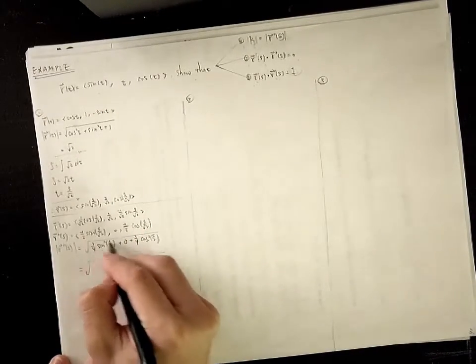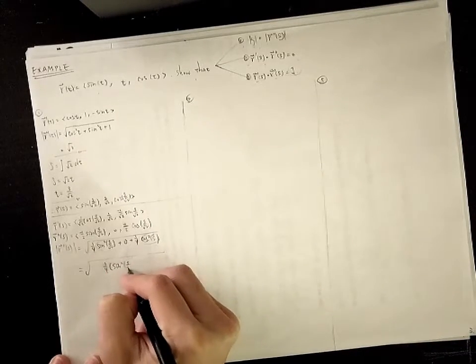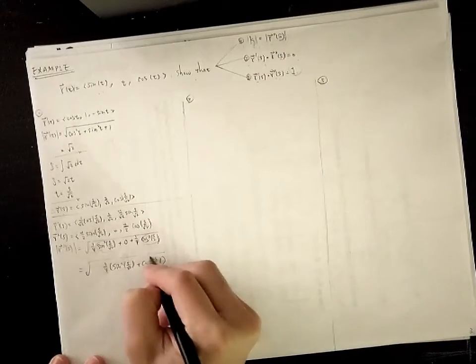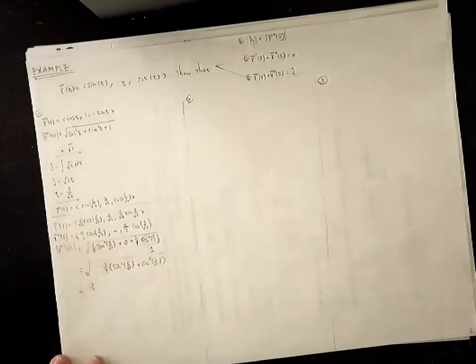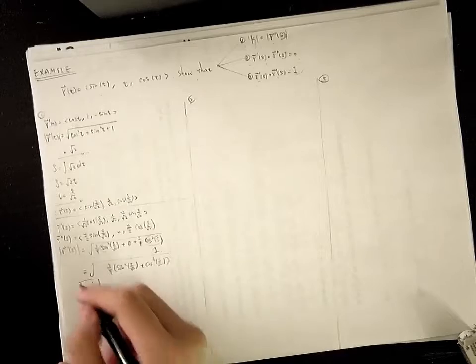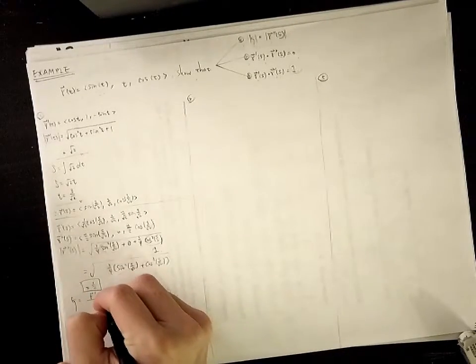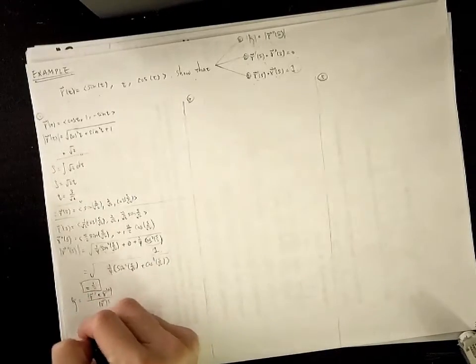So we can take it out, put it into this, and this is basically 1. So we know r double prime is 1/2. And the curvature would be r prime cross r double prime over r prime to the third power.